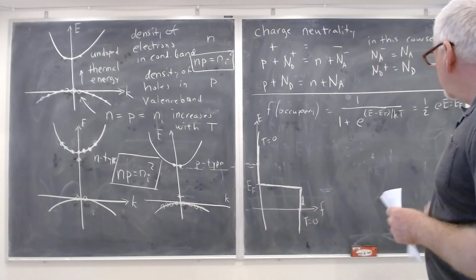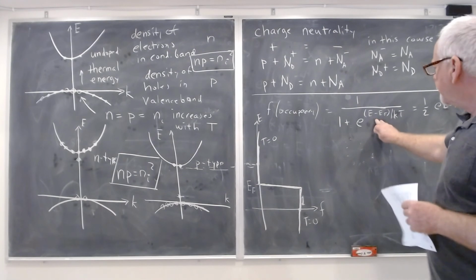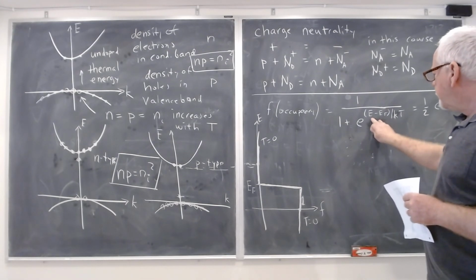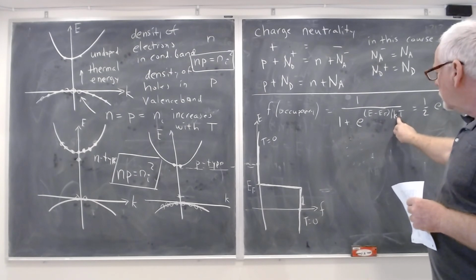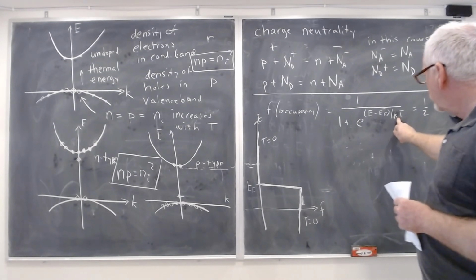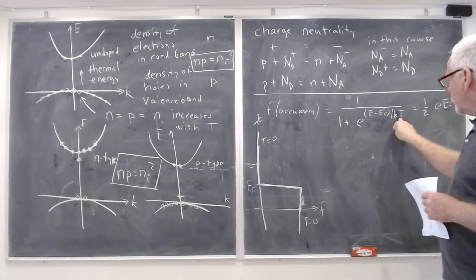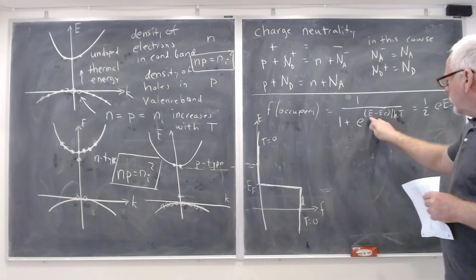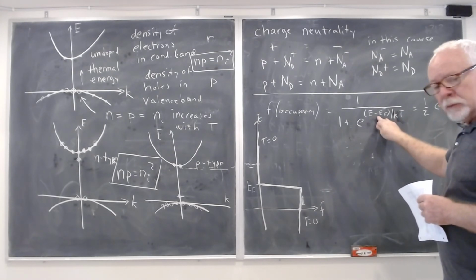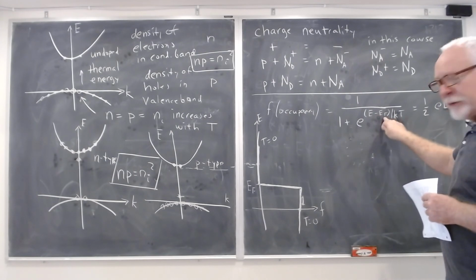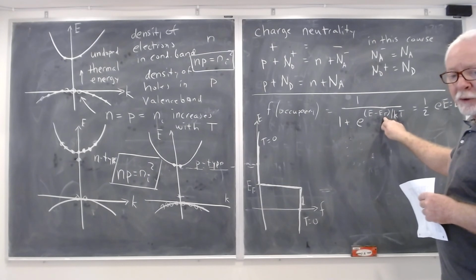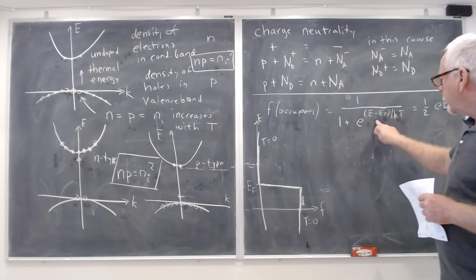Because now, if you look at this function, if t is very small, or 0, and E is above EF, then this is e to a very, very large number, or infinity, and 1 over infinity is 0.